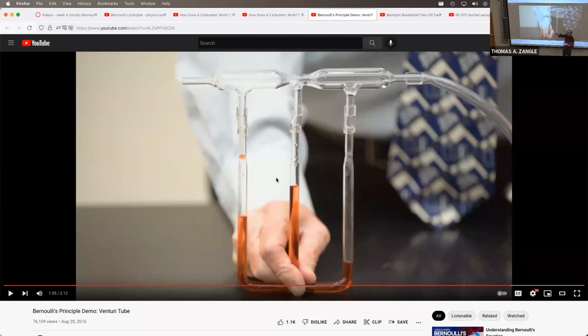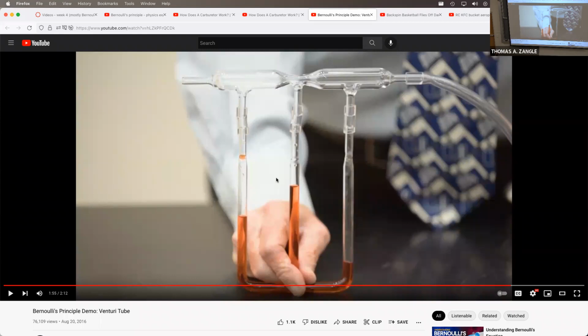Okay, so the velocity here is the same as the velocity here. And so if we just have the Bernoulli equation, right, then we're going to have P over rho plus 1/2 V squared plus g z1 is equal to P over rho plus 1/2 V squared plus g z2.